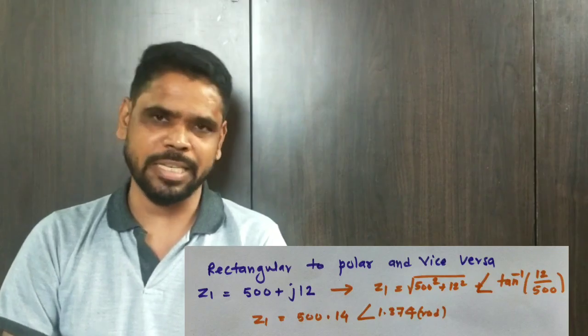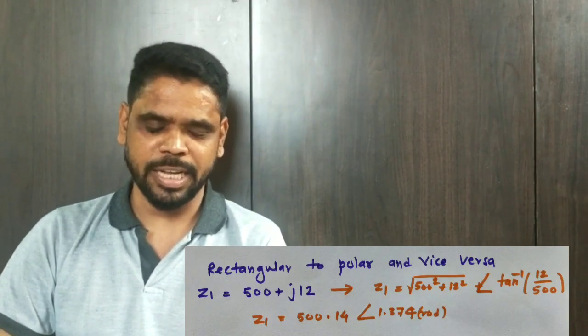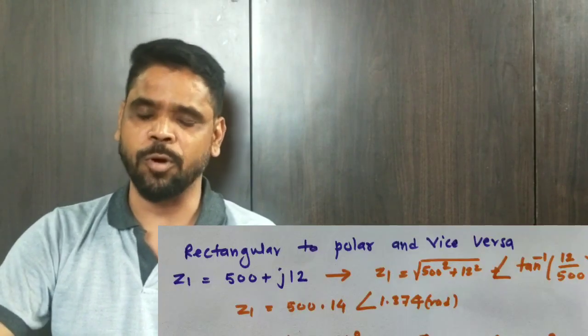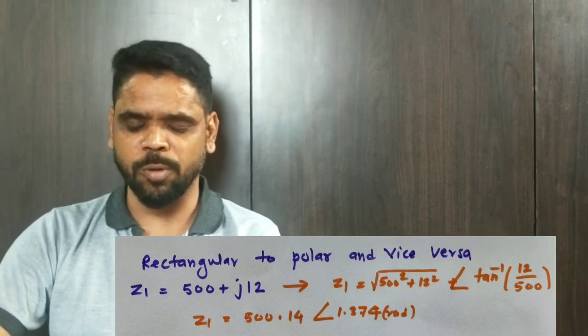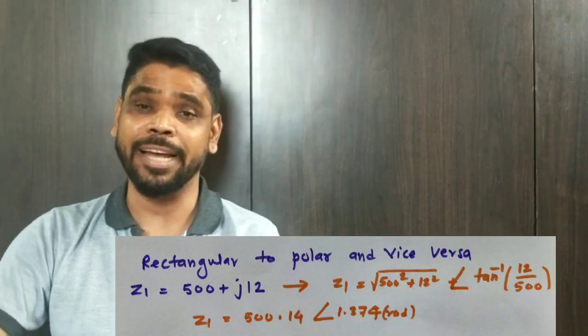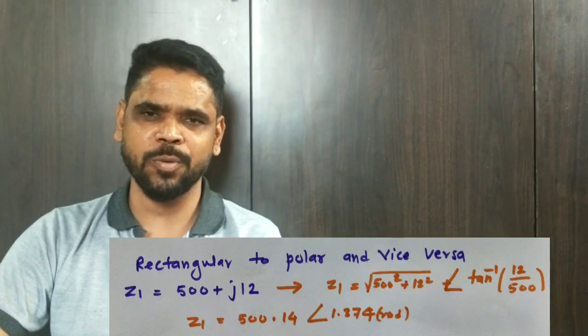We'll go through one example where, as shown in the figure, impedance Z1 is given as 500 plus j12, where 500 is the resistance and 12 is the reactance. Both are measured in ohms. Now we are interested to convert this rectangular form into polar form. So to convert into polar form, we need to obtain magnitude and angle, where the magnitude is the square root of real part square plus imaginary part square, and the angle is tan inverse of imaginary part divided by real part.